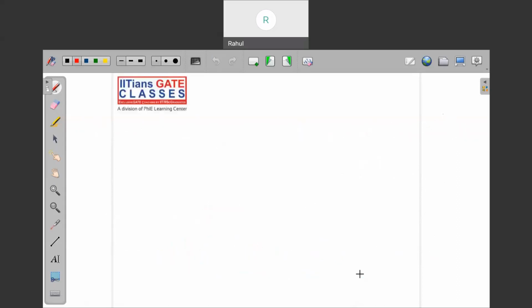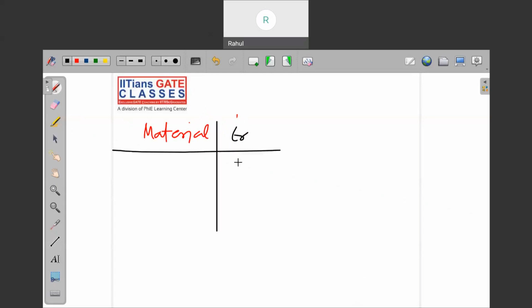If I talk about different material names, alumina has epsilon r 8 to 9. Let me write some material names here with some epsilon r values. In the question they will mention the medium where you are calculating the force between two charges.